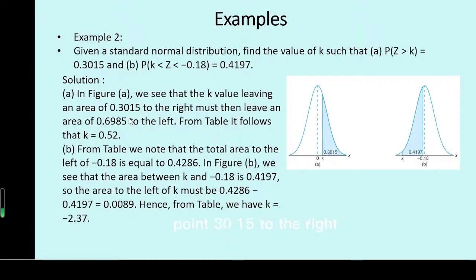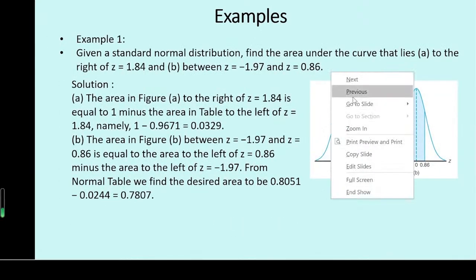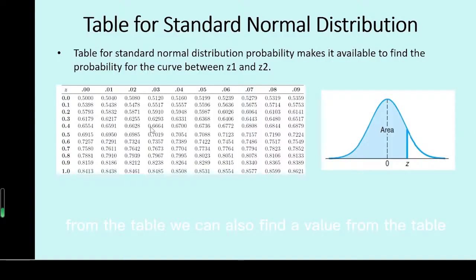For solution A, in figure A we can see that the k value leaving an area of 0.3015 to the right must leave an area of 0.6985 to the left. So the white area is 0.6985. From the table, we can find a value, then go back to find the z value.